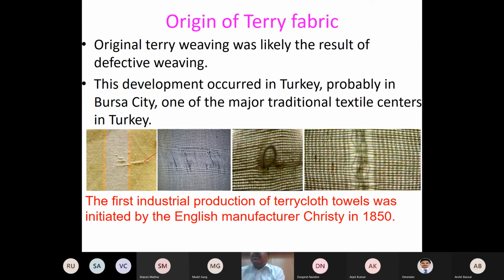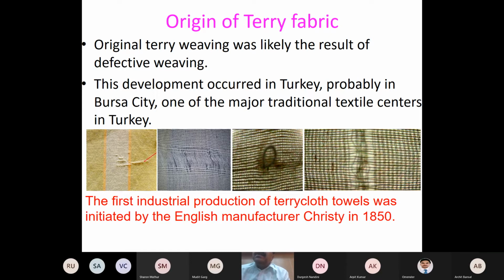And normally what we do, we cut these defective portion from the main fabric and it goes to waste. So people don't throw it. They use for some other purposes.